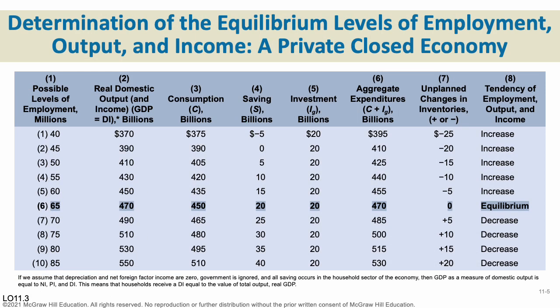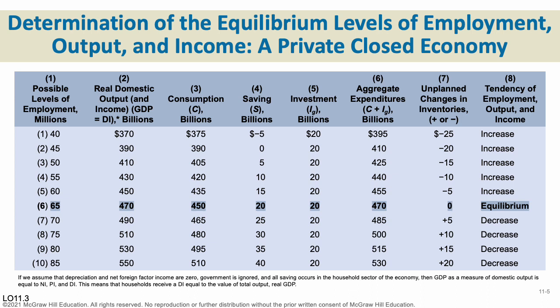So if we look here, we can look at different levels of the economy. In certain cases, we have low employment, and we have smaller GDPs. When we hit the part that is highlighted at 65 million employment, GDP is equal to spending. So real domestic output, or GDP, is 470.